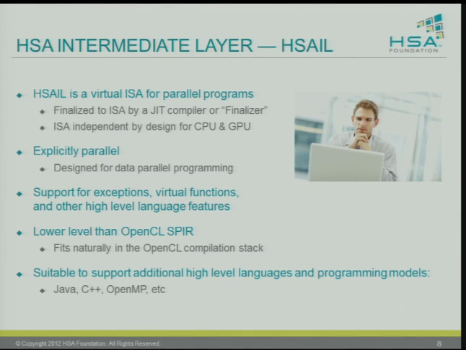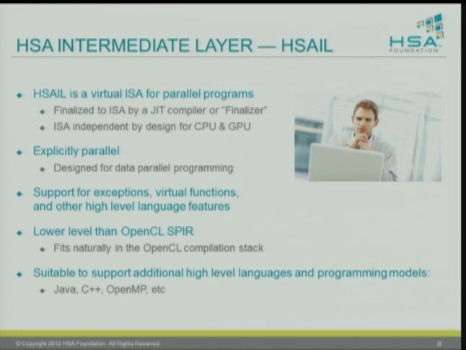We get a lot of questions about how HSAIL relates to SPIR, the new format recently announced by Khronos for OpenCL. And the answer is HSAIL is at a lower level than OpenCL SPIR. It's designed to solve a different problem.